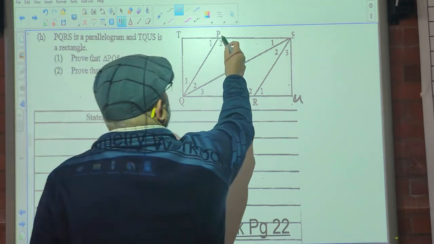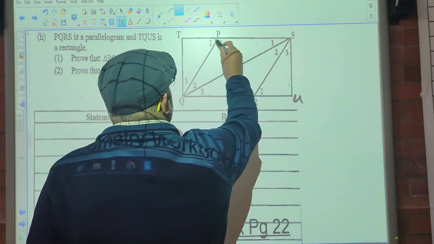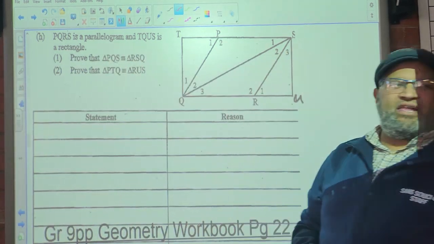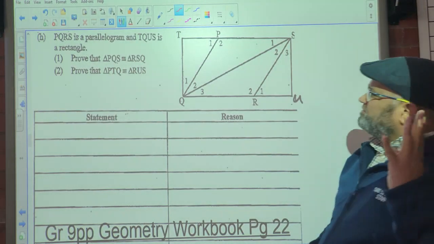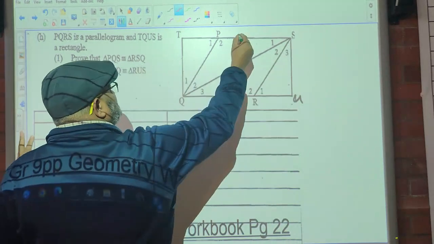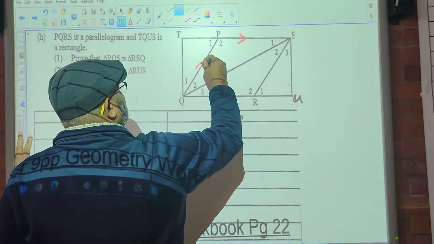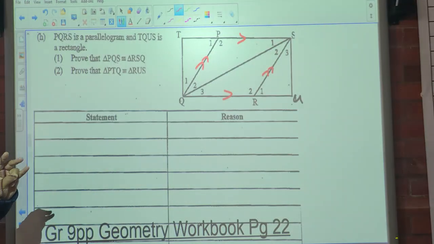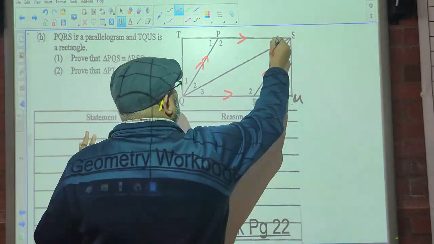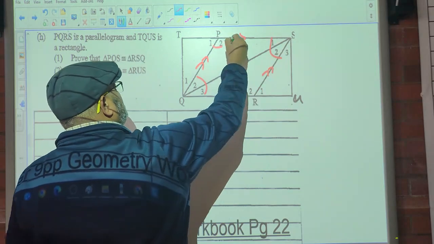If PQRS is a parallelogram, since you have listened to the parallelogram rules, what are the rules? There are 4 of them. Opposite sides are parallel, that's rule number 1. Then opposite angles are equal, that's number 2.